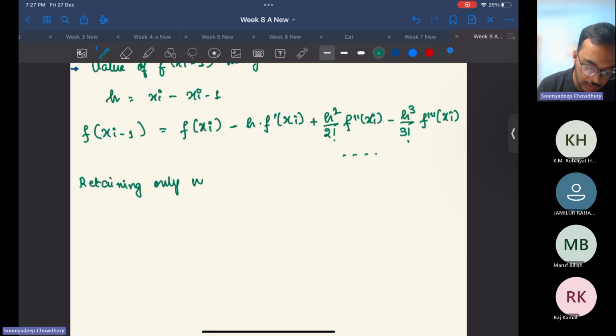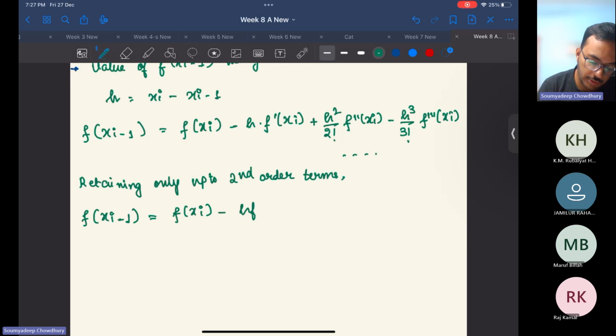Retaining only up to second order terms, what we get is f of xi minus 1 equal to f of xi minus h f dash xi plus h square by 2 factorial f double dash of xi.